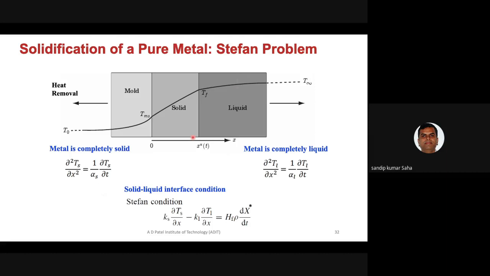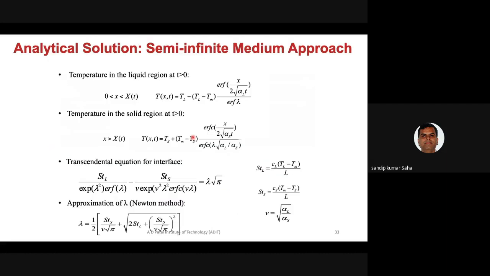The solution is very simple. If you assume a semi-infinite medium, the solution will be in this form. You can calculate the temperature distribution in the liquid region, the temperature distribution in the solid region, and then the melt front movement you can calculate using this transcendental equation.